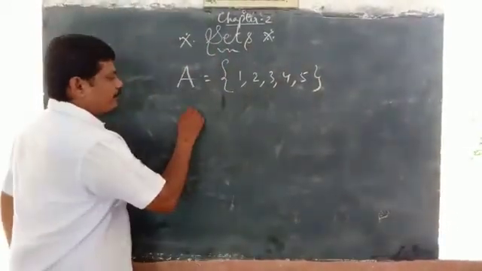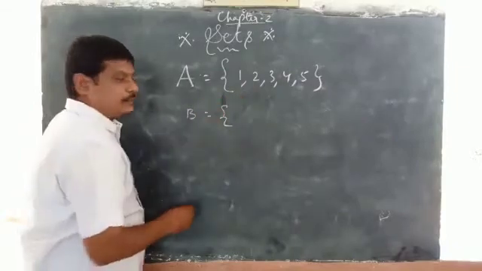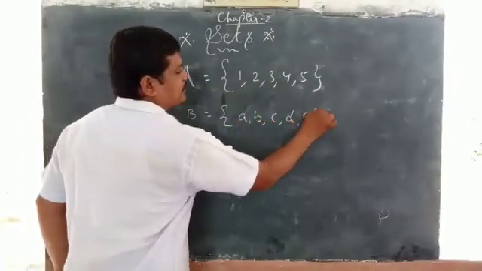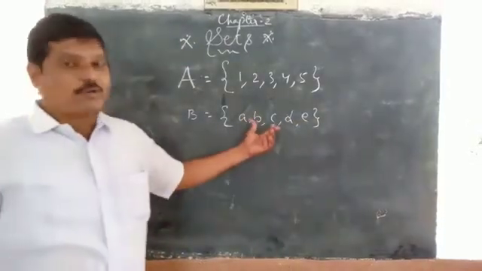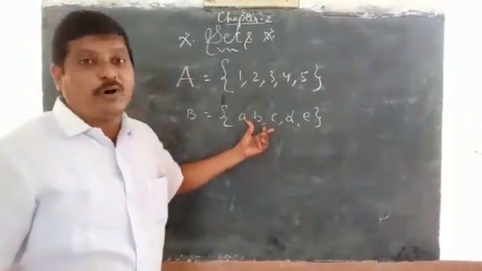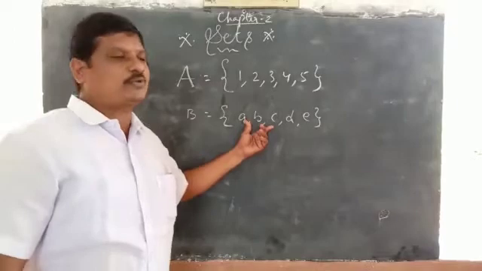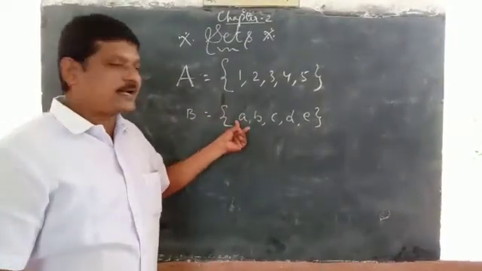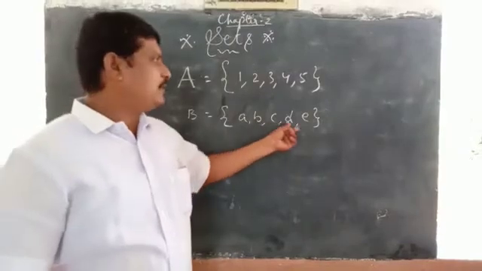For example, B equals set of small a, small b, small c, small d. These small alphabets are also called a set. B equals set of a, b, c, d, e.